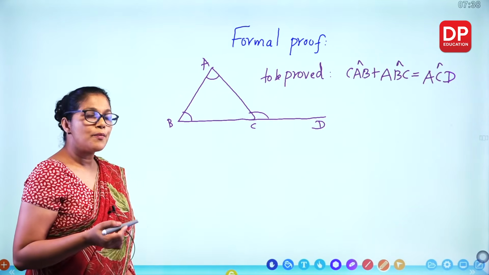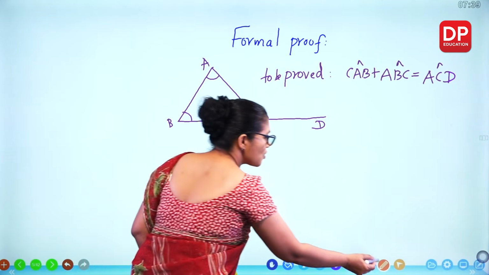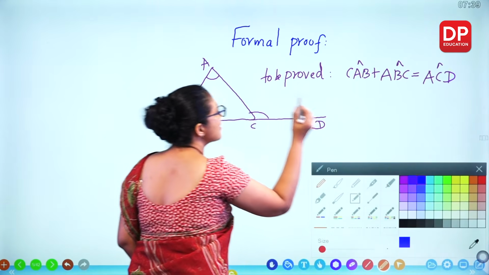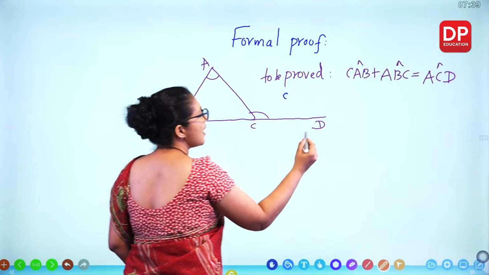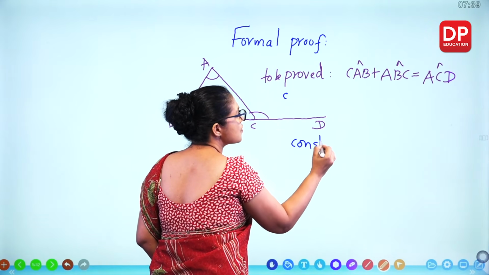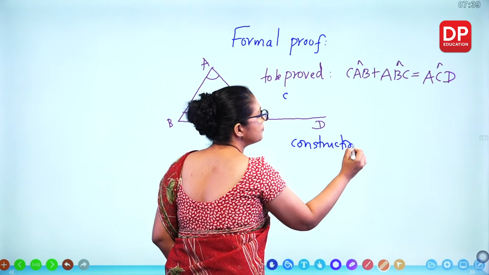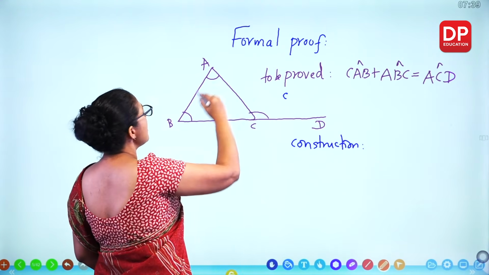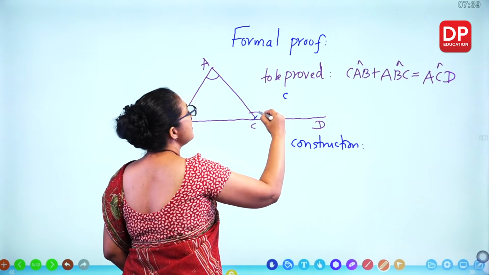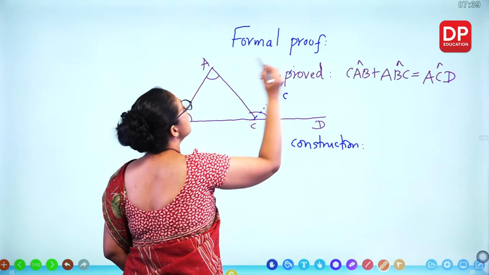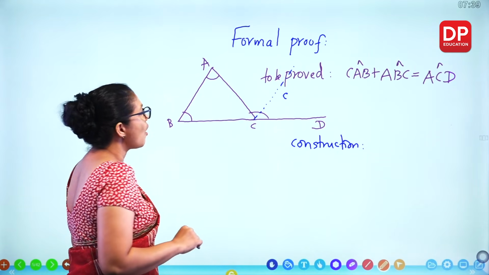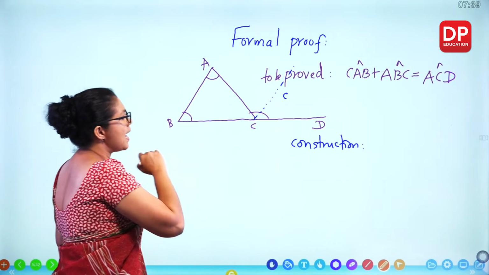For that we need to do a construction. I'll write here construction. I'm drawing a parallel line along C to AB.